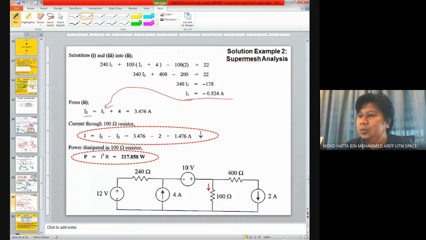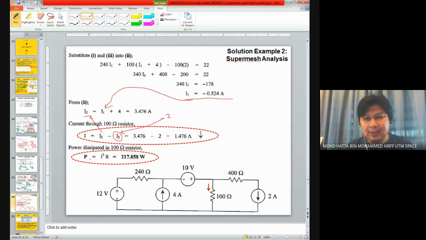Since I2 we already get from here, and I3 earlier we have already defined as 2 ampere, then we can easily get the value of the current over here. And for the power dissipated, you can always use I squared R, V squared over R, or V times I.